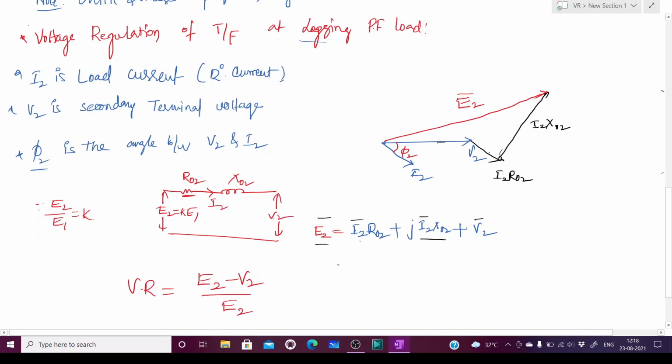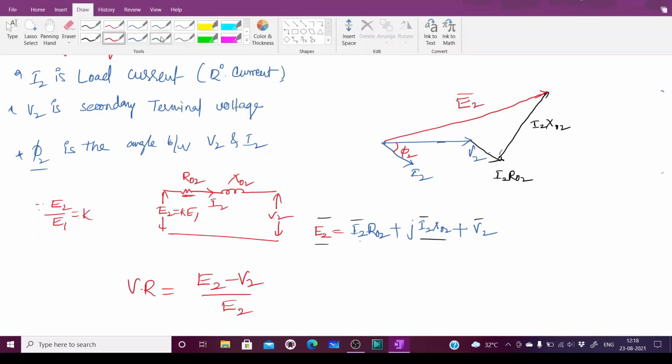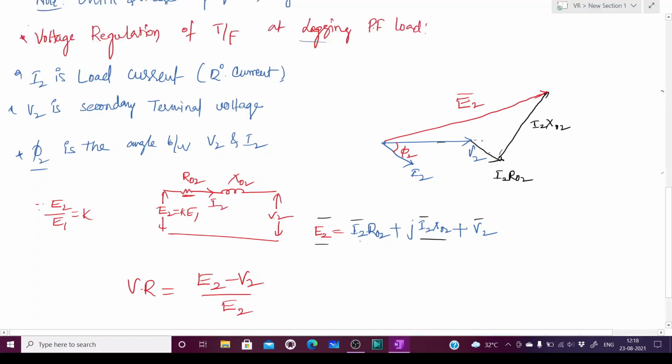For that we are going to take these partitions here. This is the length of E2.